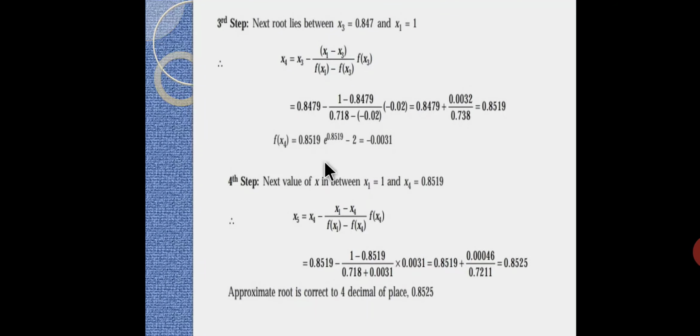So from the fourth and fifth approximations, we conclude that x is equal to 0.8525 be the approximate root, correct up to the 3 decimal places.